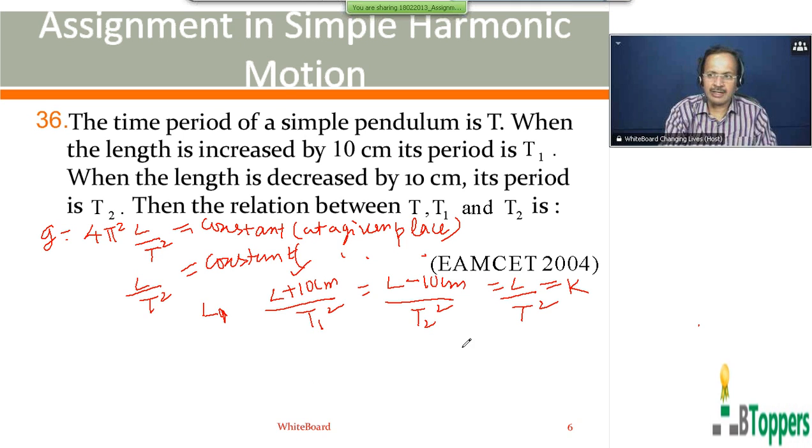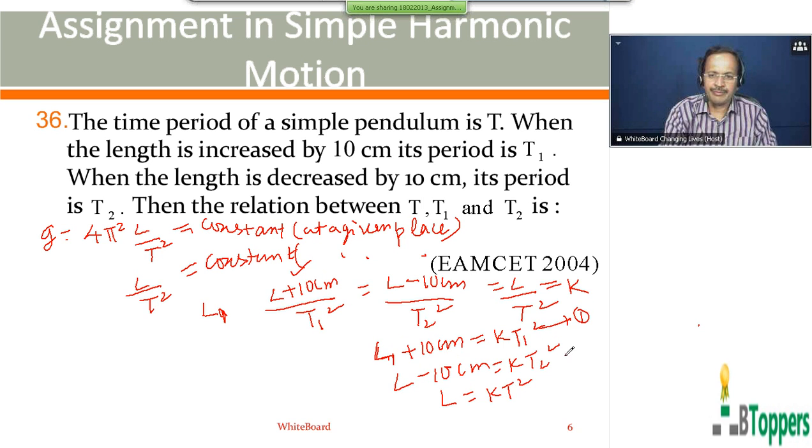So from the first and last, you can write L plus 10 centimeters equal to k t1 square. From the second and last, L minus 10 centimeters is equal to k t2 square. From the last, you can write L equal to k T square.